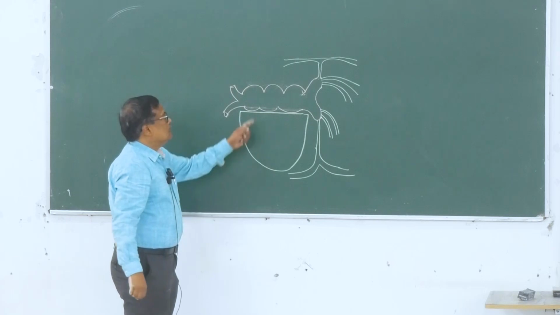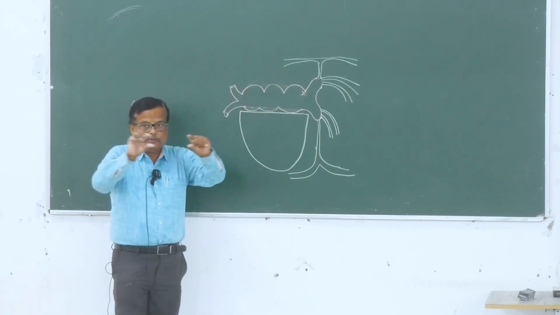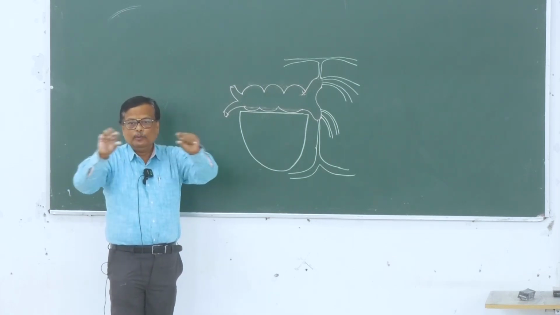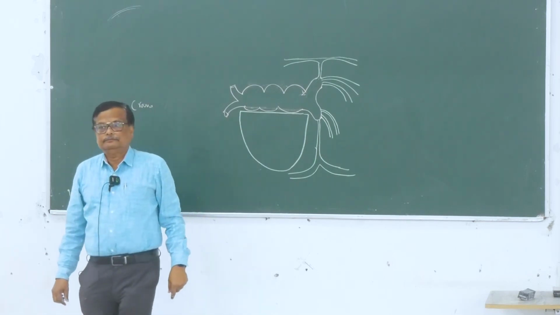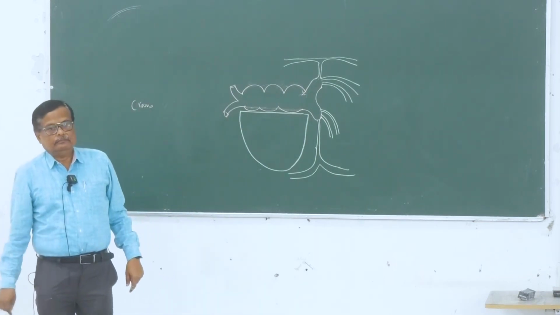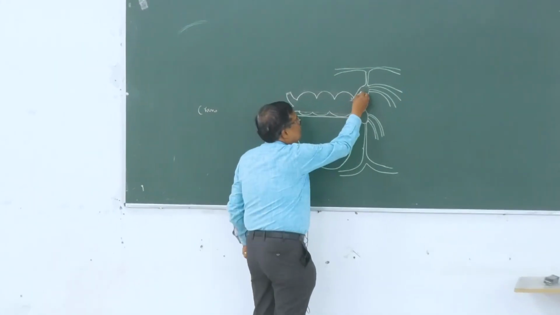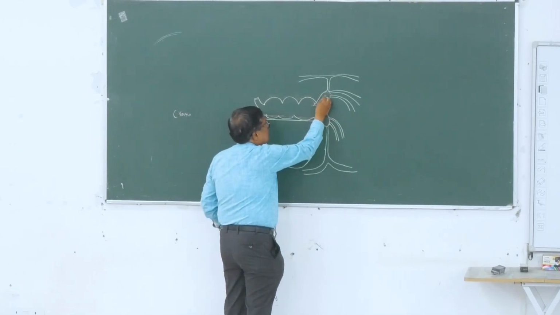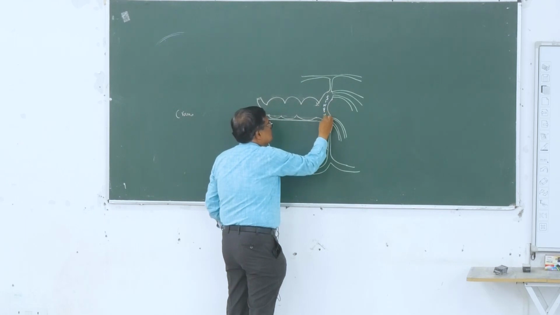Yes, there are dilatations of the heart tube. It is a tubular structure, and now it is like that, and we name them. From the back, as I have already told you, this is the sinus venosus. It is also a part of the heart tube.